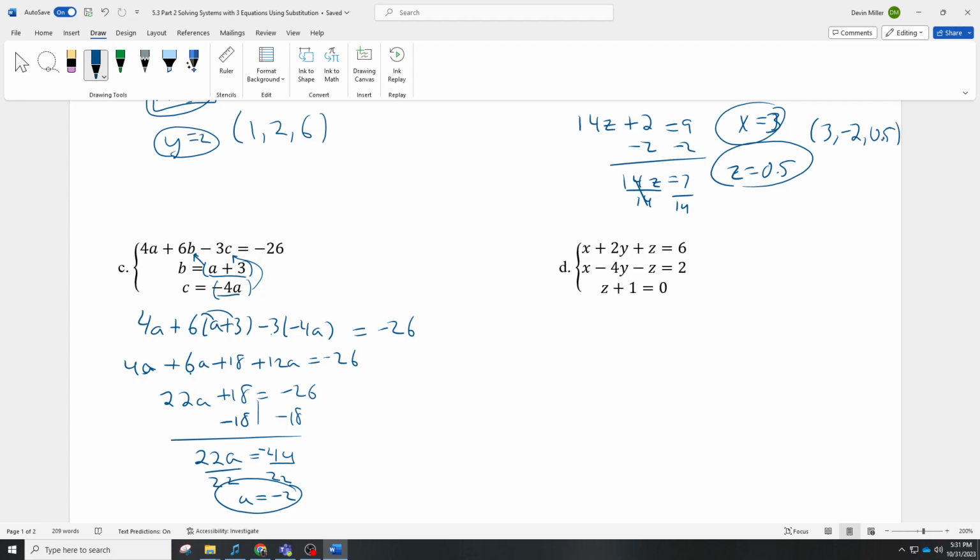Now that you know it's negative 2, we can go ahead and plug it back into these bottom 2 equations. So we're going to do b equals negative 2 plus 3, or you could have c equals negative 4 times negative 2. So the b value would be 1, and the c value is 8. So let's rewrite it. So b is 1, c is 8, and a is negative 2.